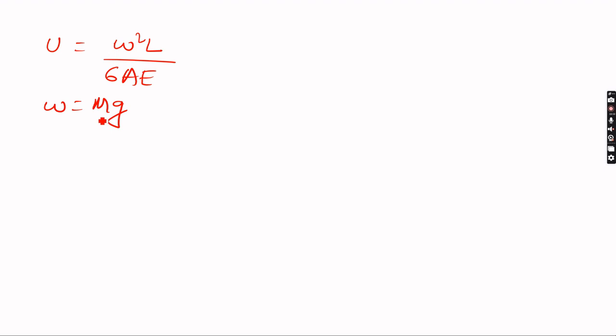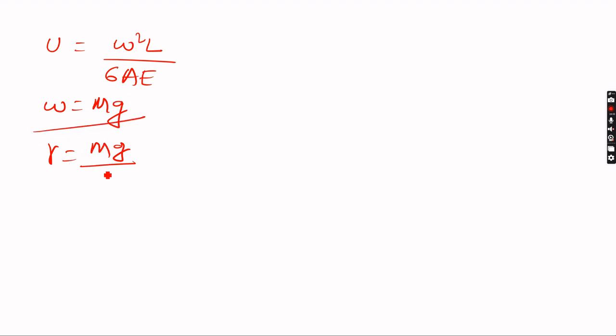Sometimes people write a specific mass or a specific weight, something like gamma. They relate it with this, and gamma is nothing but mg by volume. This is just a parameter. If you don't want to use it, don't use it. You just go with this one only.